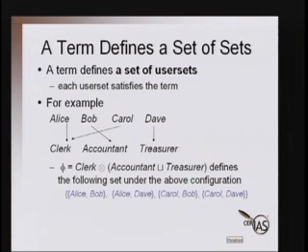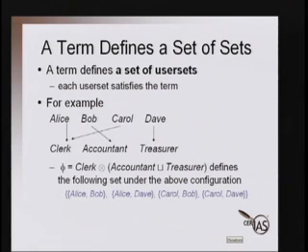In the configuration, Alice and Carol are members of clerk, Bob is a member of accountant, and Dave is a member of treasurer. We are given a term phi, which requires two users.